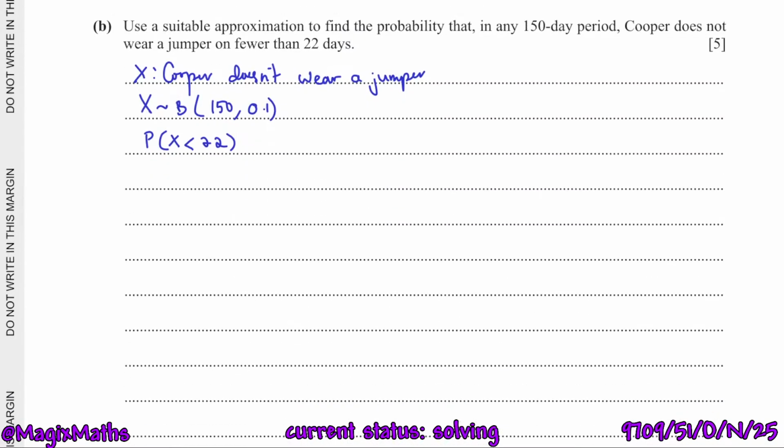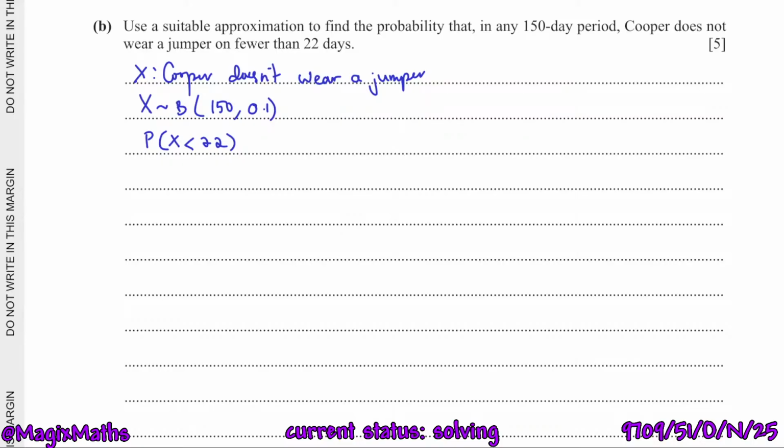So we can use an approximation method by using the normal distribution for the binomial distribution. So we should have a correction. Sorry, not a correction. It's an approximation correction.